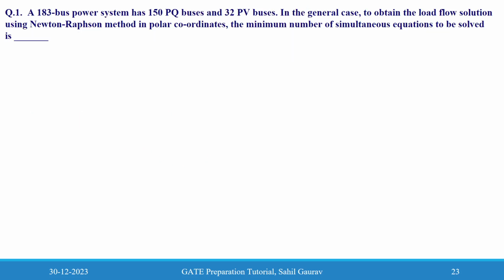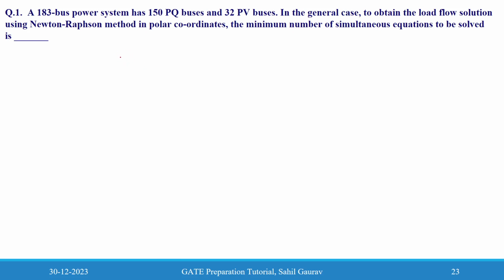So let us see the first problem. A 183 bus power system has 150 PQ buses and 32 PV buses. In the general case, to obtain the load flow solution using the Newton-Raphson method in polar coordinates, the minimum number of simultaneous equations to be solved is? That means you have to find the size of the Jacobian matrix.